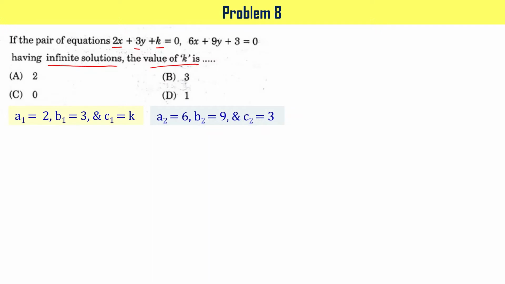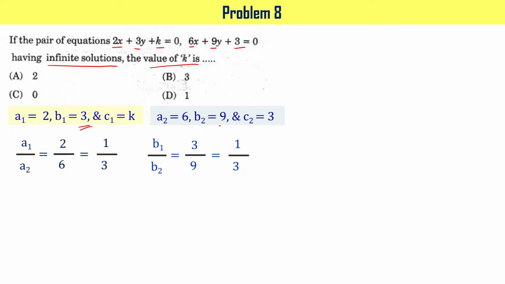Similarly, for the second equation, a2 equal to 6, b2 equal to 9 and c2 equal to 3, right? Let's take ratios of these coefficients. a1 by a2 is 2 divided by 6, that is equal to 1 by 3. And b1 by b2 is 3 divided by 9, that is also 1 by 3. c1 by c2 is k by 3, right?